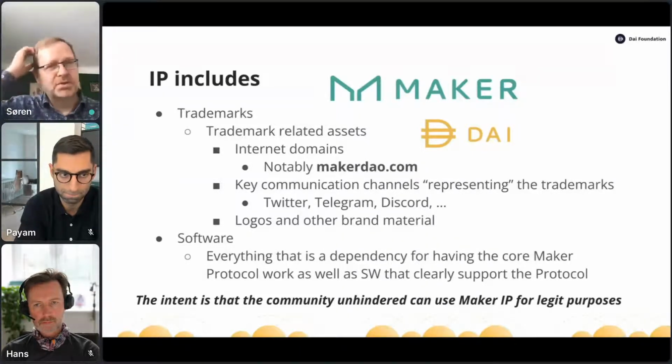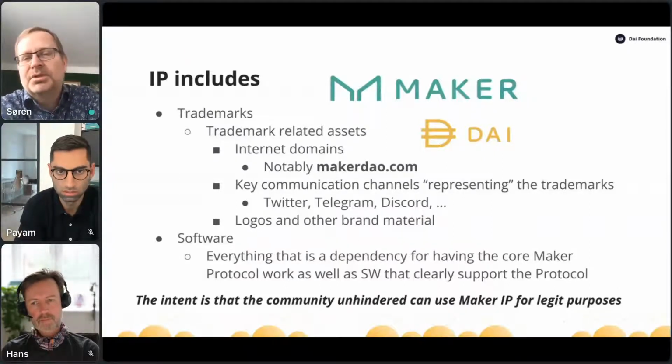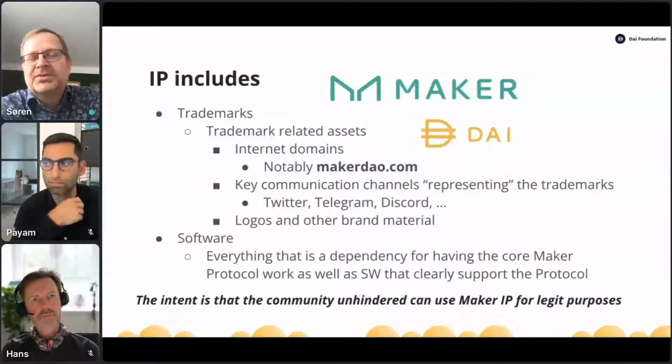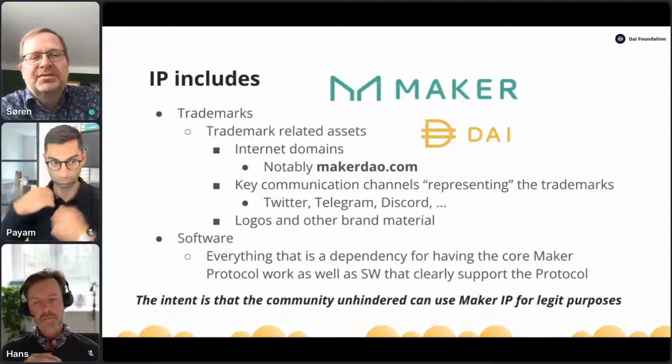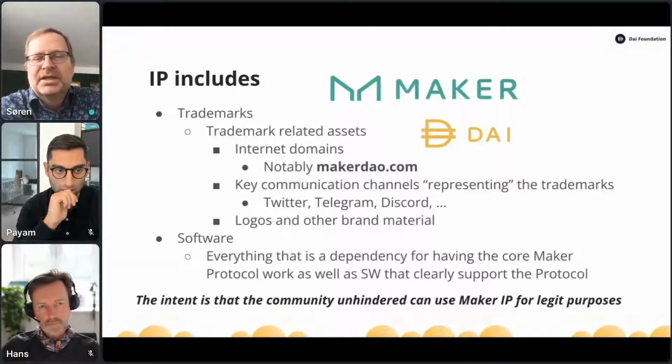And I think we also proved that in the trademark policy that was published almost a year ago, where again, as long as you use it for a number of well-described purposes, you don't even have to ask for any kind of approval or anything like that.